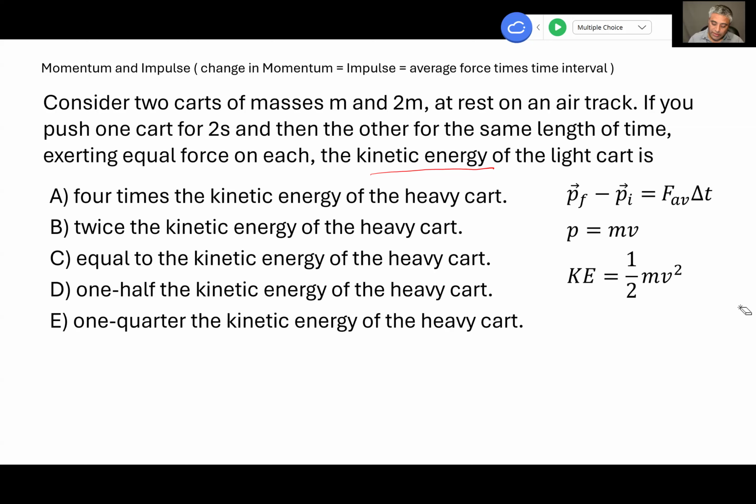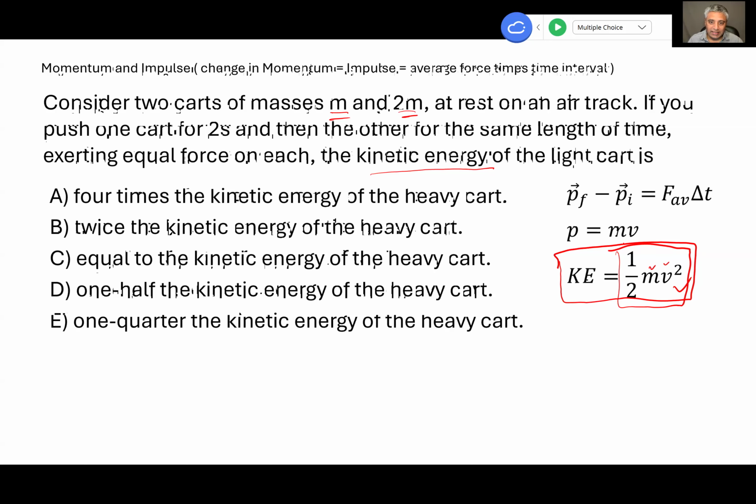So here we are asked to find the kinetic energy of the light cart. The kinetic energy equation is here. Mass is given, but are we given the speed? We learned in class, and I emphasized a lot, that if both of these are not known, then using this equation may result in an incorrect answer.